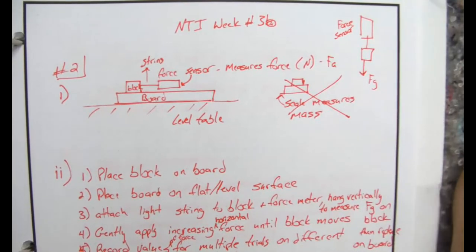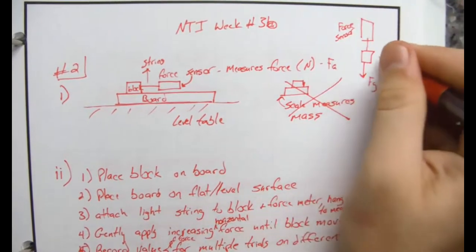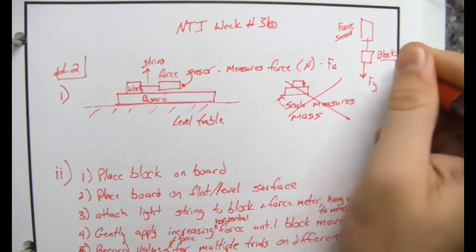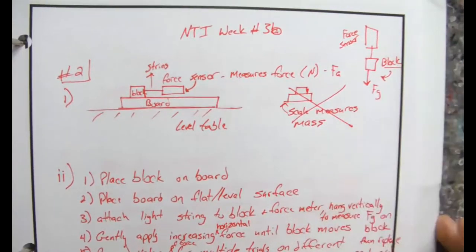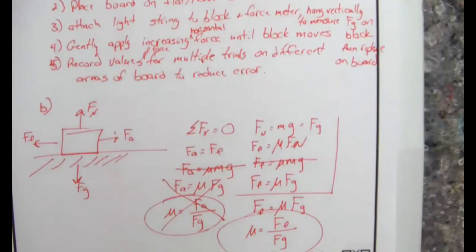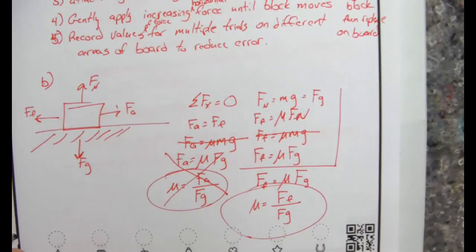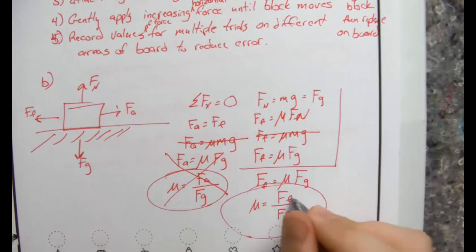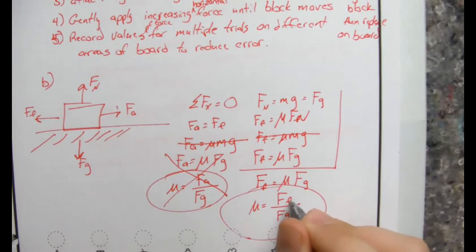Okay, honey. So I should have done my force sensor with the block and indicated this was using F of G. So, okay, my bad. I should have done that. And then going on down, F of G. Yep, I was afraid that would come bite me in the hind end. So the force of friction is going to be equal to the applied force.